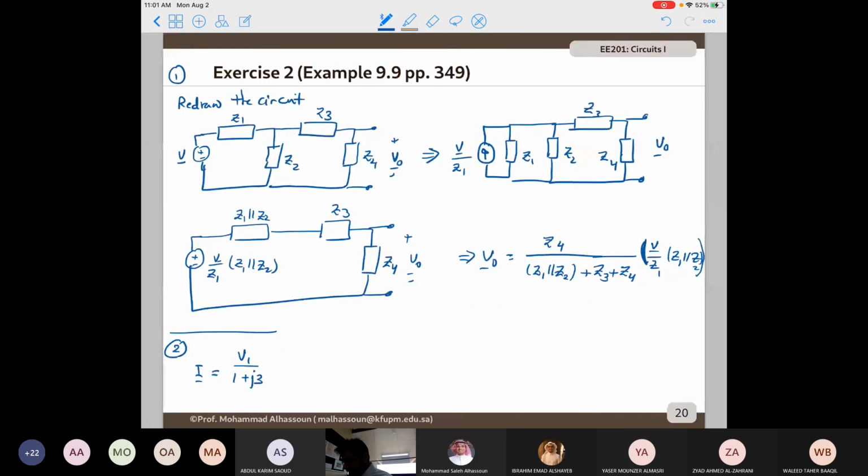So the voltage, I don't know why I keep calling it V1, is going to be 4 minus J12. So if you redraw the circuit, you get 4 minus J12.